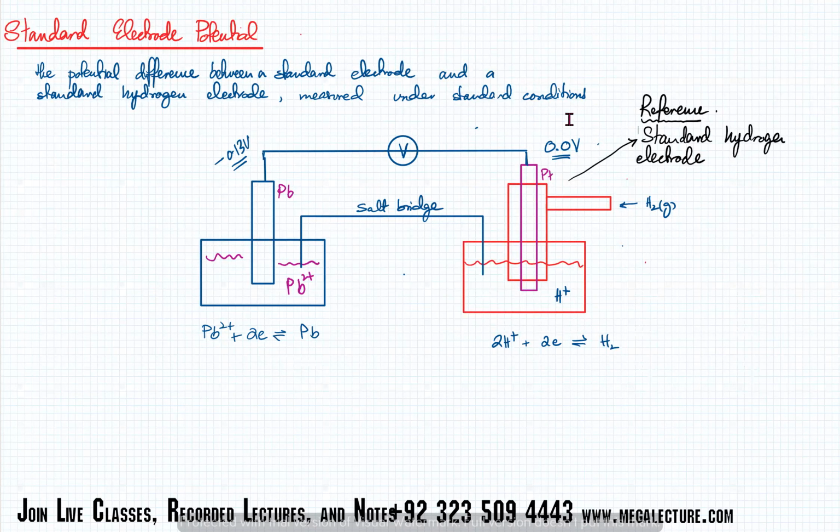Electrons flow towards the higher potential, which is this one. This one is your lower potential. So electrons always flow towards the higher potential, and so it's going to be left to right.